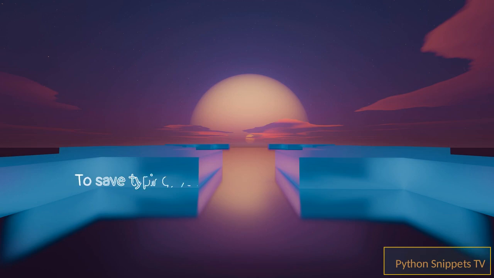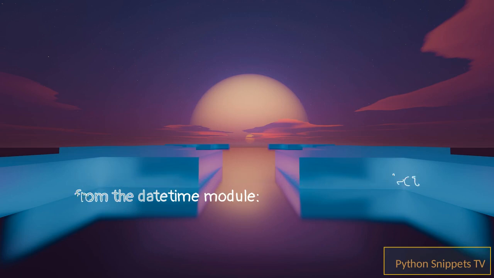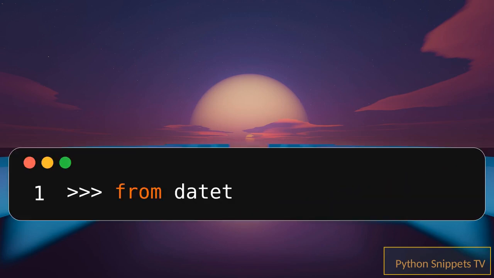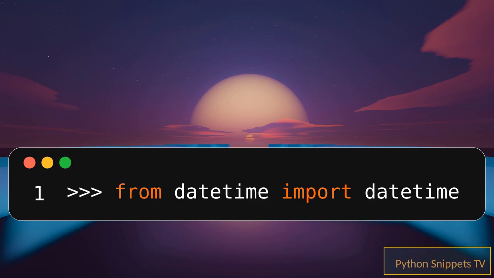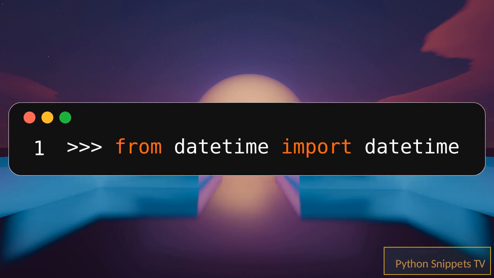To save typing, you can import the datetime object from the datetime module. Then remove the prefix datetime from all of the above.